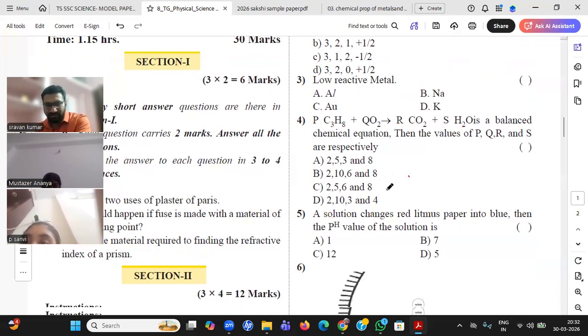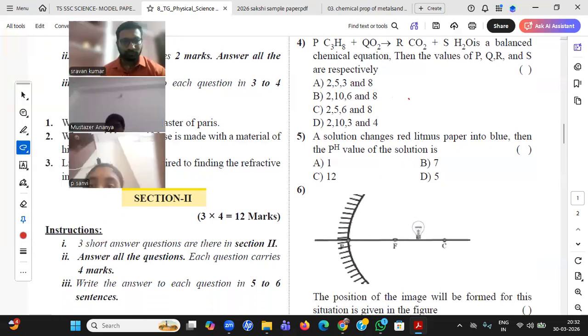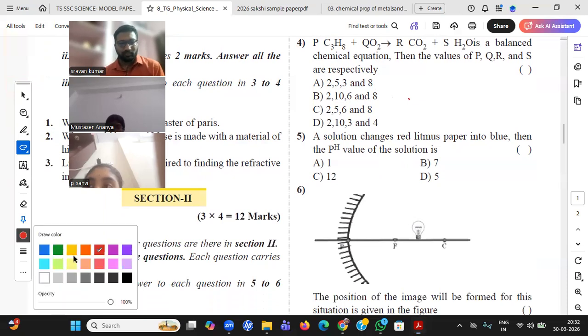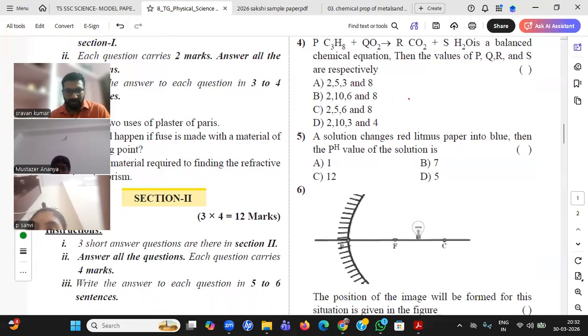Yes, question number 5. A solution changes red litmus paper into blue. Then the pH value of the solution is. Very good, Sanvi.